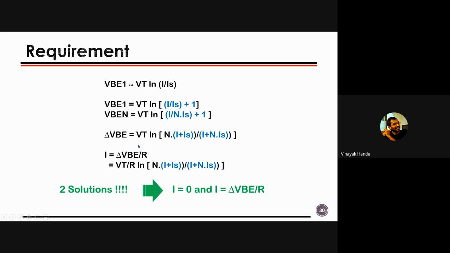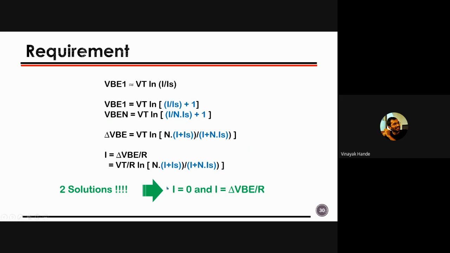And after considering these two equations, if I plot delta VB, then delta VB is nothing but VT ln((N I plus IS) divided by (I plus NIS)), right? Then if I evaluate I, which is nothing but delta VBR, and substitute those values of delta VB here, I'll get two solutions, right?